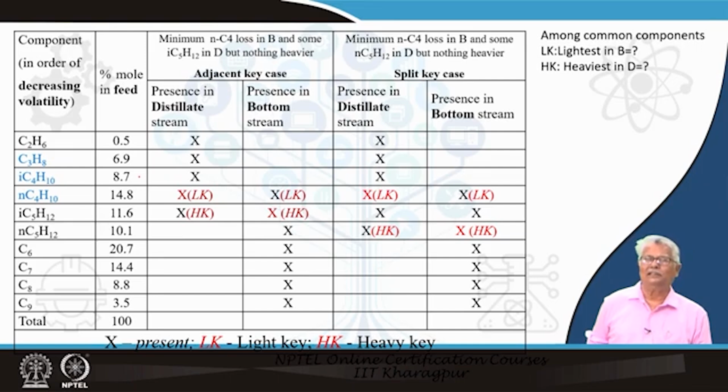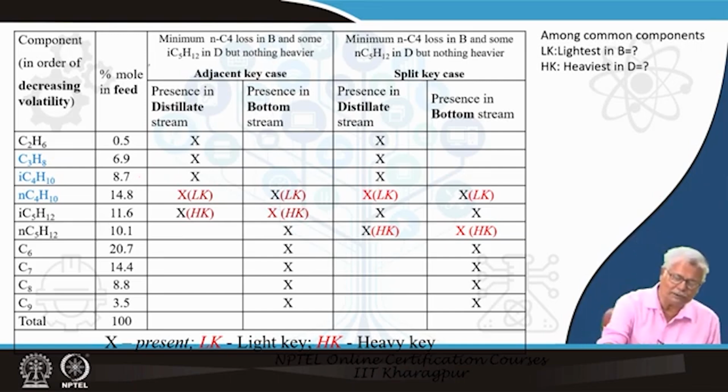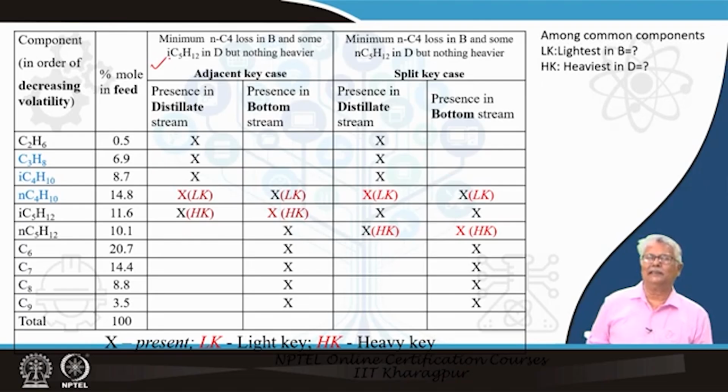The first thing you will see, we are talking about this particular case, that means case 1, which I referred to in my last slide. Here we decide that my top product is definitely not going to contain any NC5.